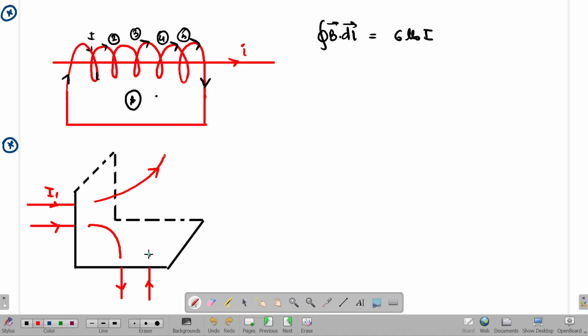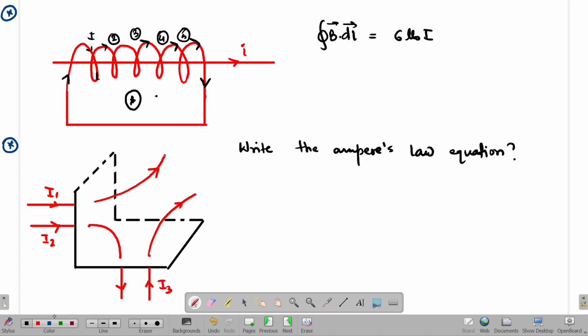Know it or not? This is I1, I2, I3. The question is, write the Ampere's law equation.